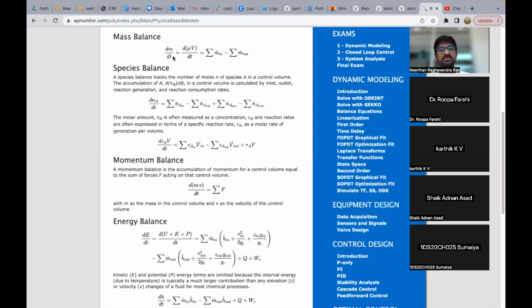These balance equations are either time derivatives or temperature derivatives. So solving these equations will give you more information on mass, species, and energy balances at a particular instance of time.